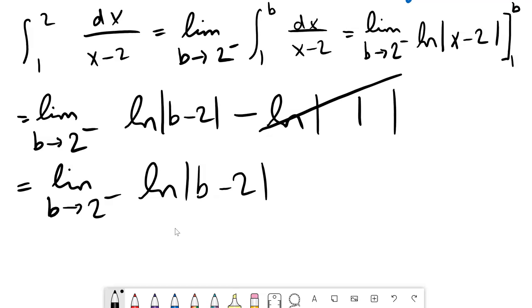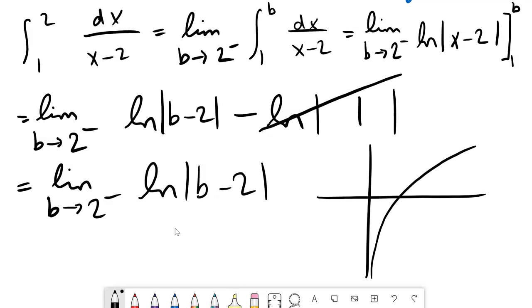And what is this? Well, if we plug in 2, where do we go? The ln goes to 0, and if you know something about the regular ln function, let me draw it a little bit better. If this is the ln function, it looks something like this.